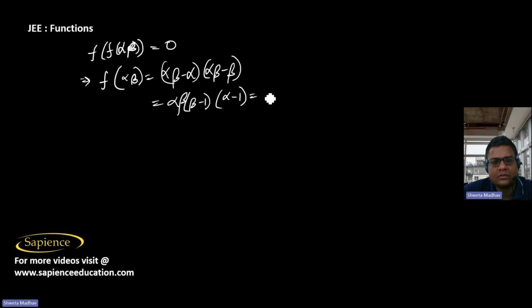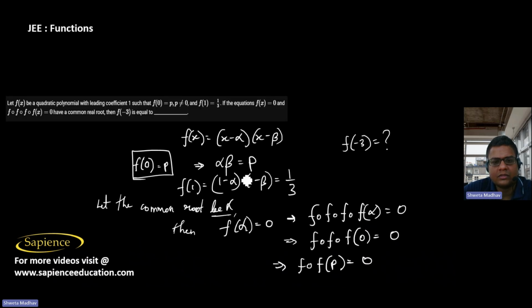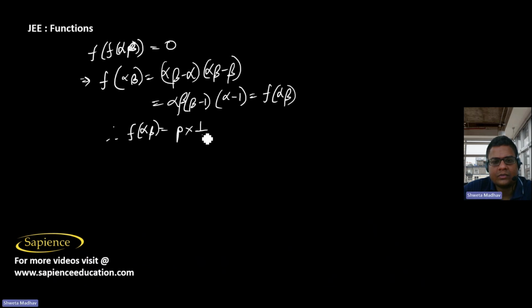So f of alpha beta is equal to p into alpha minus 1 into beta minus 1, that also will be equal to 1 by 3. So this will be equal to p into 1 by 3, that is p by 3. So therefore now f of p by 3 is equal to 0.